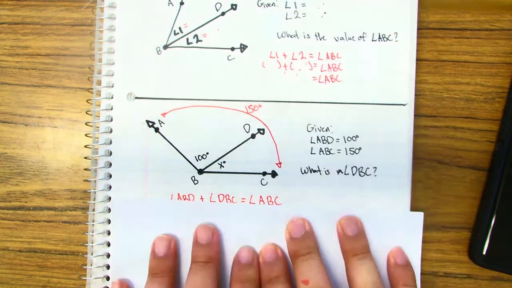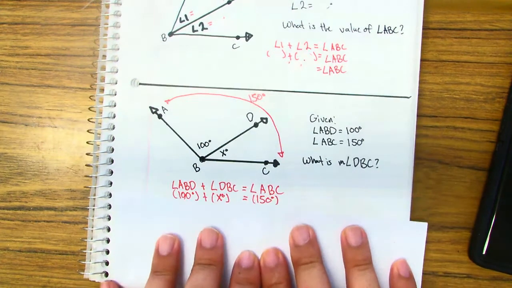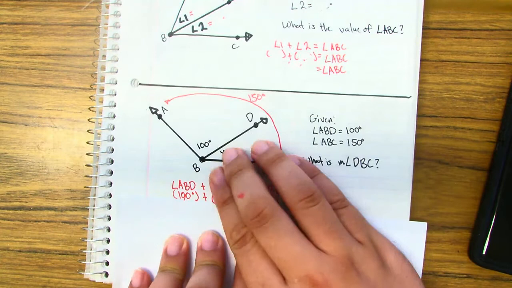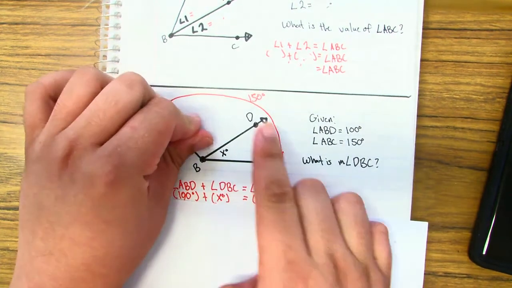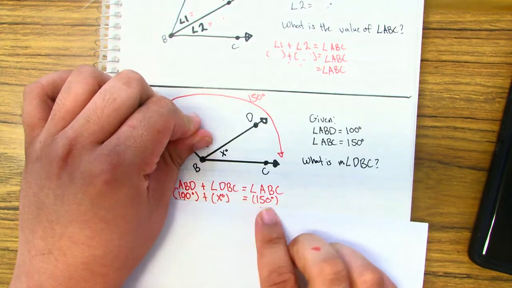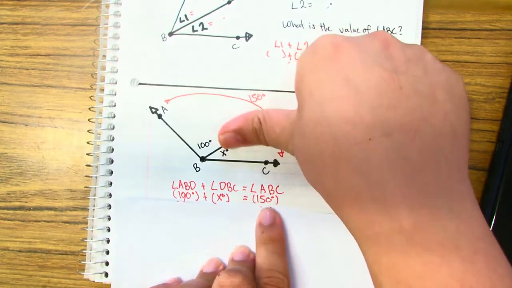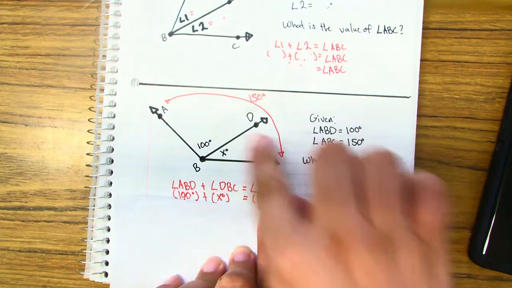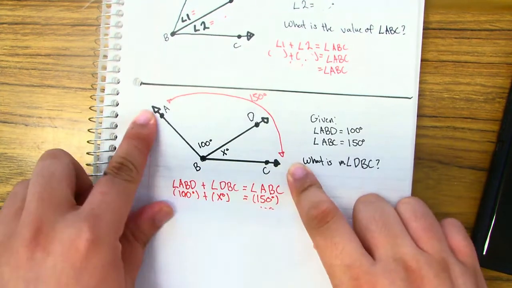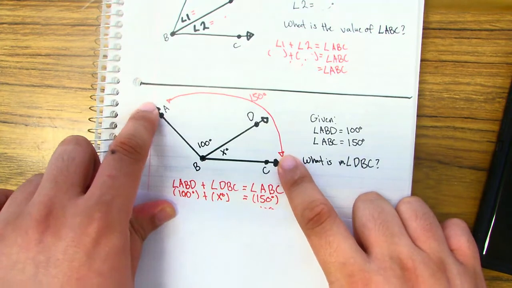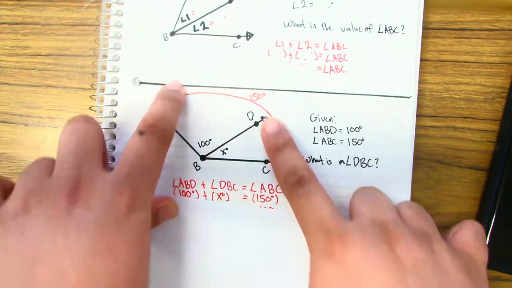So what I'm going to do now is substitute the value of ABD. The value of ABD is 100 degrees. The value of DBC is X, and the value of the whole angle is 150, because here, from angle ABC, I focus on the two farthest rays. Here is going to equal 150.